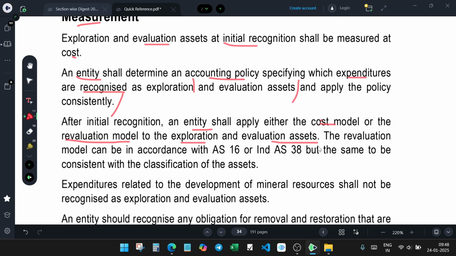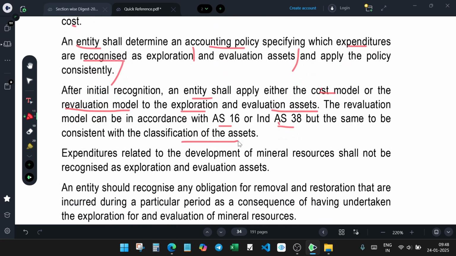The revaluation model can be in accordance with Ind AS 16 or Ind AS 38, consistent with the classification of the asset. So either it can be as per Ind AS 38 or Ind AS 16, but it should be consistent with the AS or Ind AS.